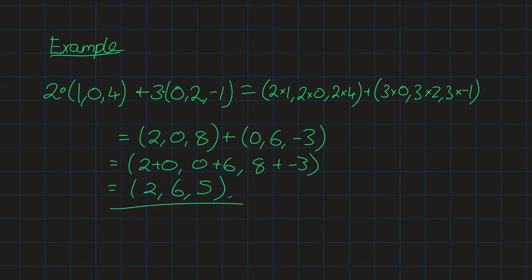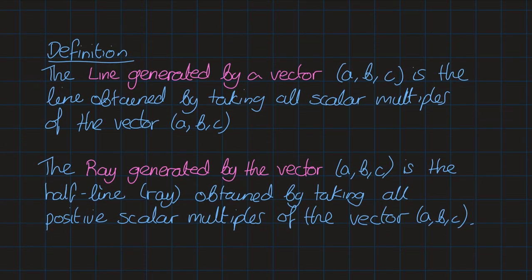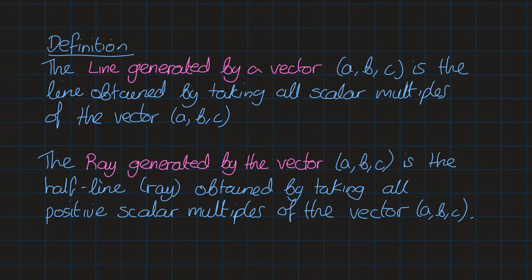The last thing I want to talk about is the line generated by a vector and the ray generated by a vector in 3 dimensions. The line generated by a vector (a, b, c) is the line obtained by taking all scalar multiples of the vector (a, b, c). And the ray generated by a vector (a, b, c) is the half line, or the ray, obtained by taking all positive scalar multiples of the vector (a, b, c).